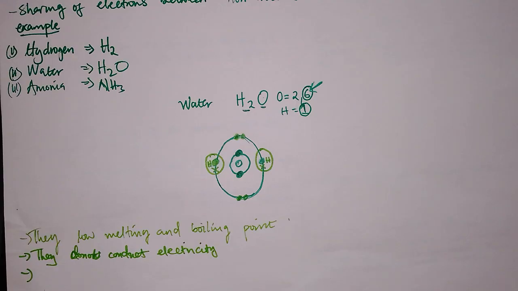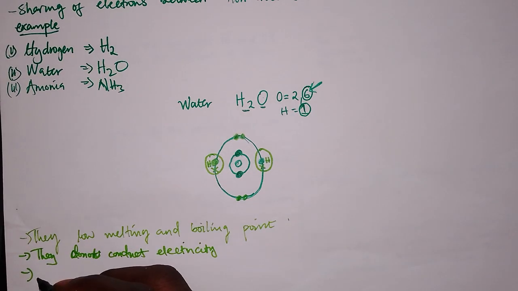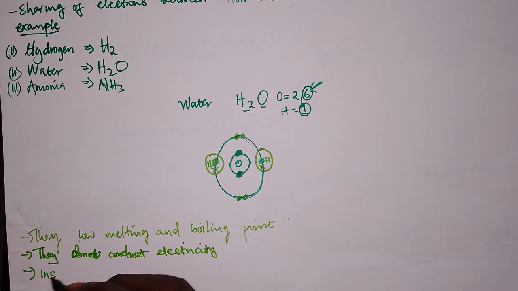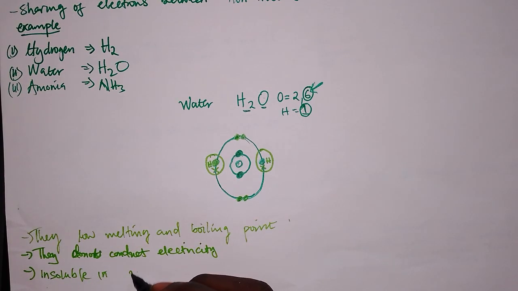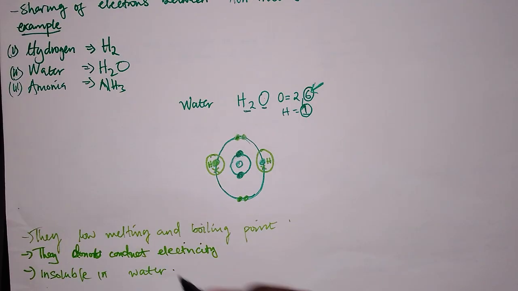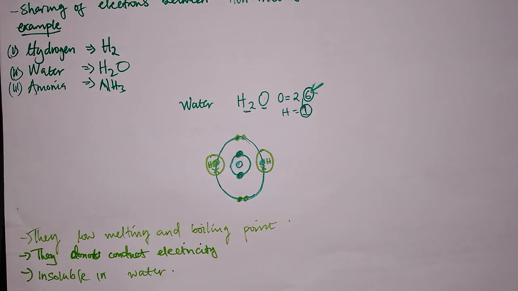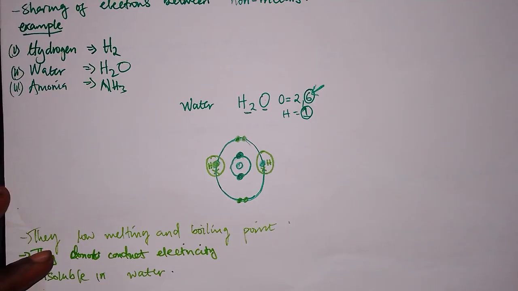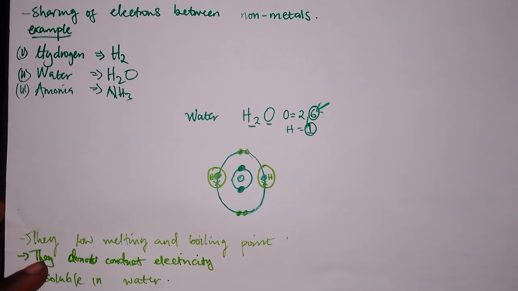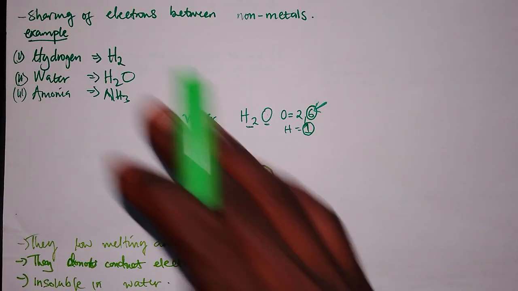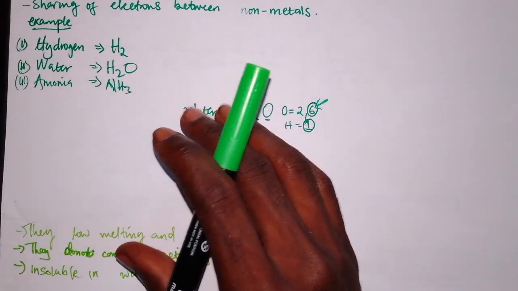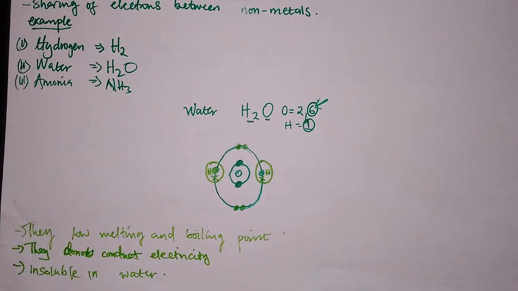But when it comes to covalent bonding, these are insoluble in water. So these are some of the properties which you come across when you are looking at covalent bonding. This is where my part 2 video will end.